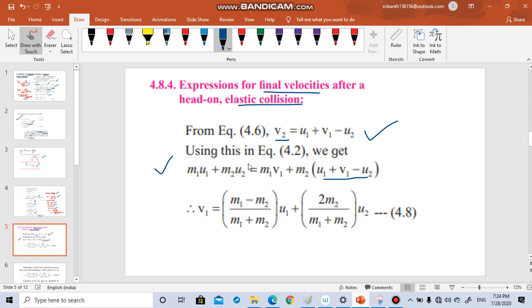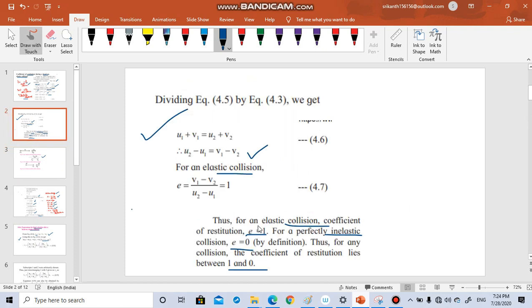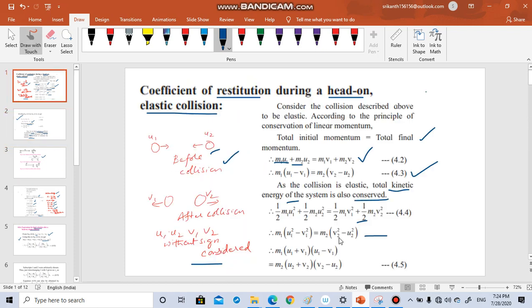Same thing you have to do in this equation also. See, kinetic energy is there. Here also, in the place of v2 you have to write this value.